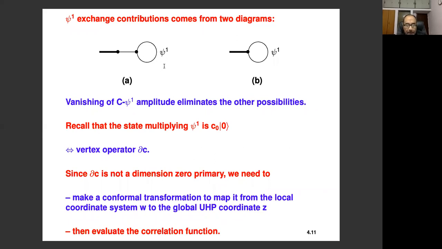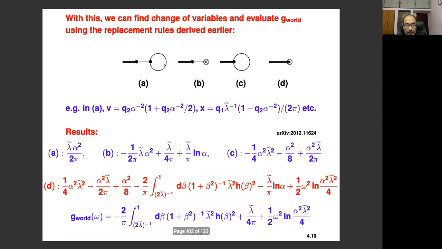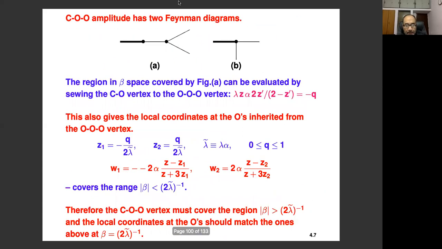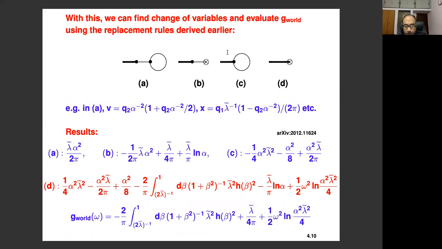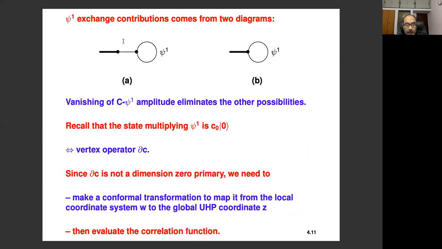You had already determined the CO amplitude, analyzed here, for example, the 2 diagrams that contribute to the CO amplitude. So we determine the appropriate correlation function of the vortex operators on the disk, 1 closed and 2 open, and multiply by minus half. That's the psi1 propagator. And you do the same thing here.